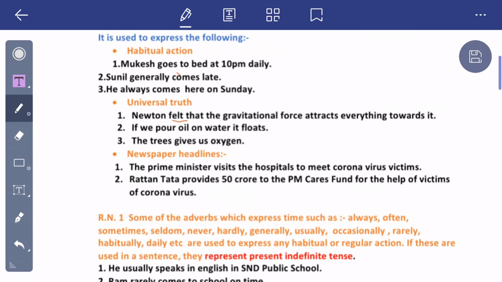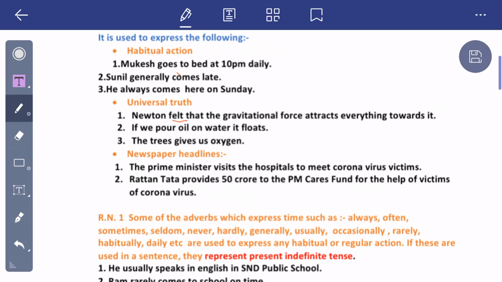So as we can see, in the very first sentence, gravitational force attracted at that time when Newton felt. Gravitational force is attracting everything today also towards it, and gravitational force will also keep attracting everything towards it in future.